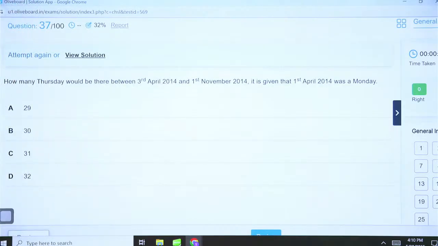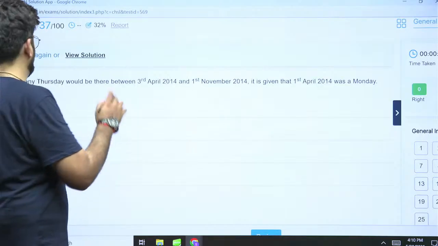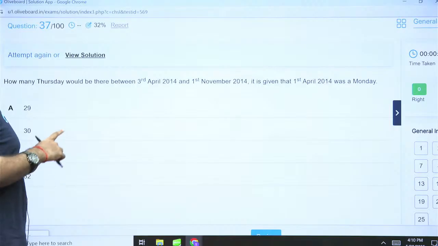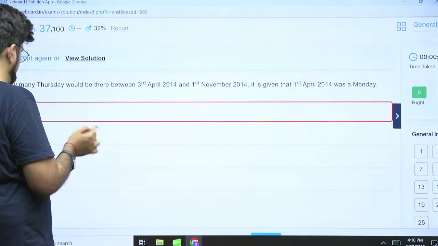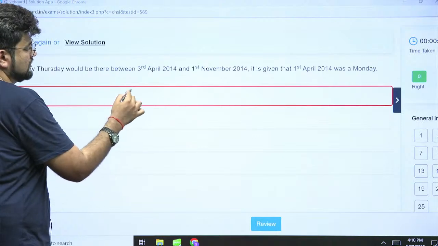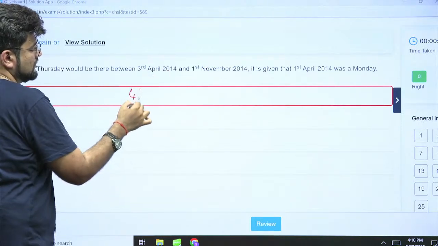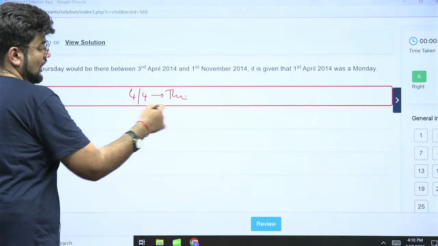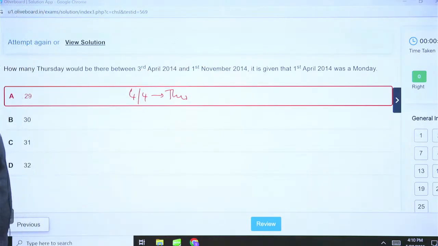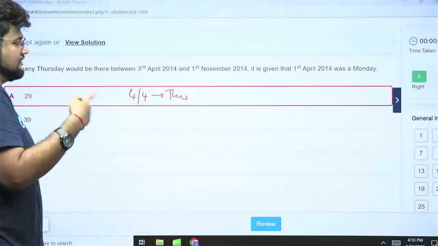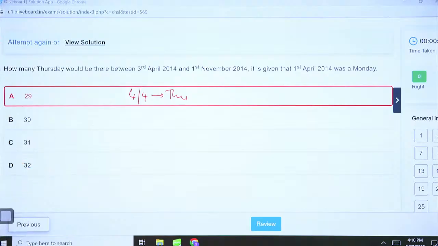The first one can be that from 3rd April, they said 1st April was a Monday, so 4th April was the first Thursday. Counting from here all the way till here is very difficult, but you can calculate week wise how many days are there in total and how many weeks will be passing on. That also can be done.